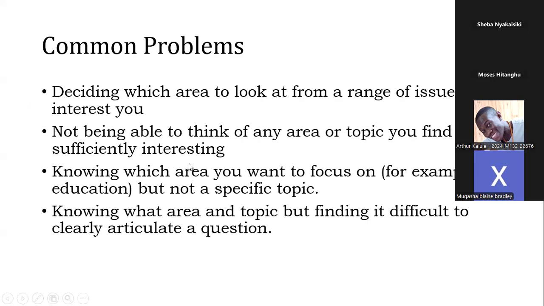Now, what are some of the common problems with qualitative research? First of all, maybe deciding on the range of issues that are of interest. Picking one specific area, because unlike the quantitative side, which is very specific, you're looking at relationships between one or more variables, and the researcher knows exactly what they're looking for.